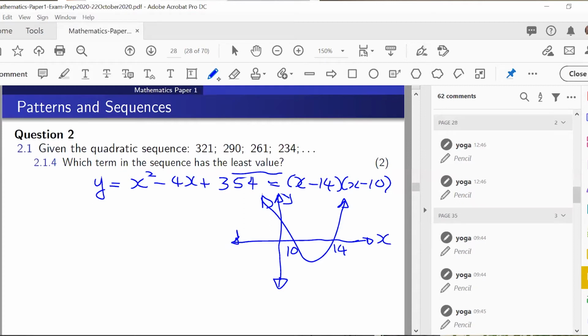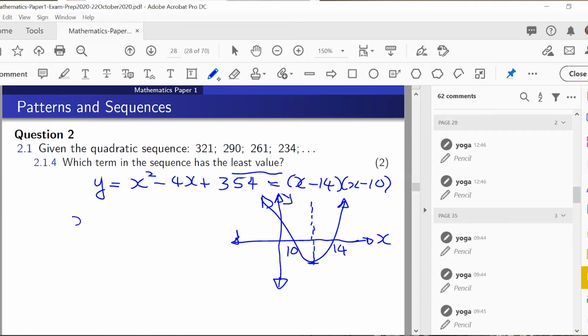Now, if we talk about the least value, the least value is here, somewhere there. And that value, if you look at it, it is just in between 10 and 14.